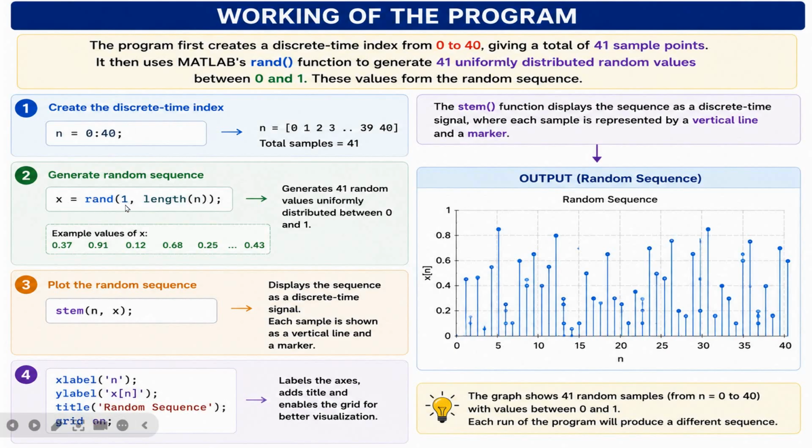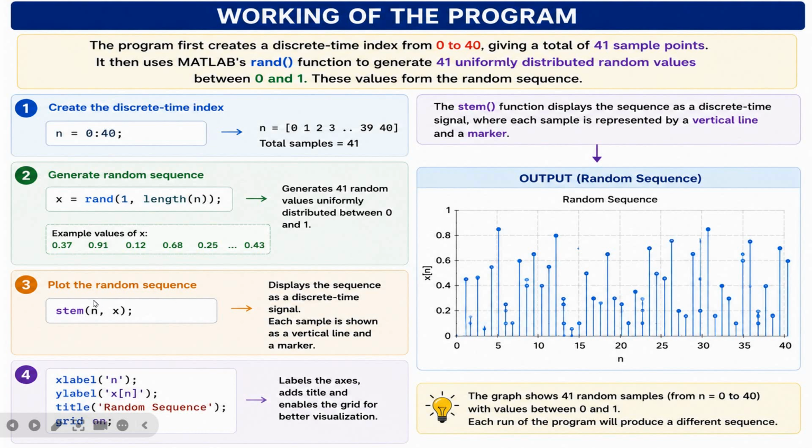Okay, here rand of 1 will have only one row, and length of n returns the number of elements in n, which is 41. Okay, here 41 numbers. That is, we'll get here the value of x as 0.37, 0.91, 0.12, like this. Okay, here these are 41 values.